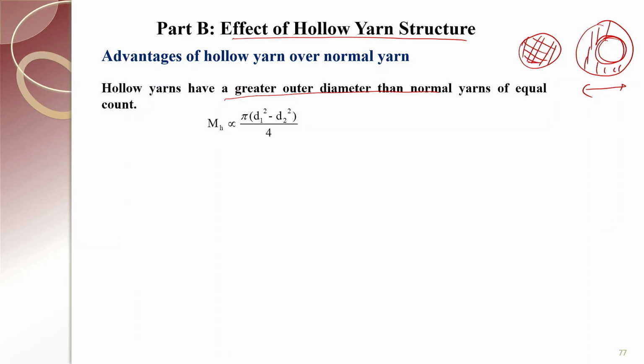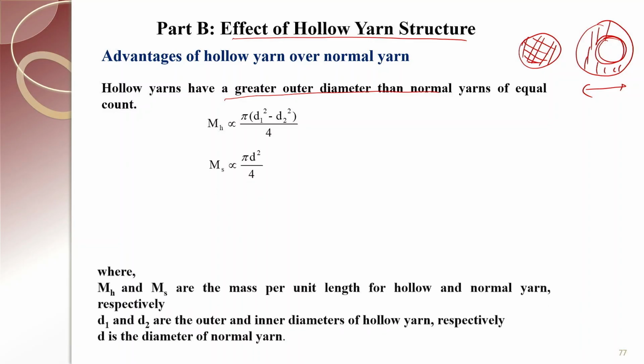So, MH is proportional to pi (d1 square minus d2 square) by 4, where MH and MS are the mass per unit length of hollow and normal yarn. So, this is the mass per unit length, the direct count we can say.